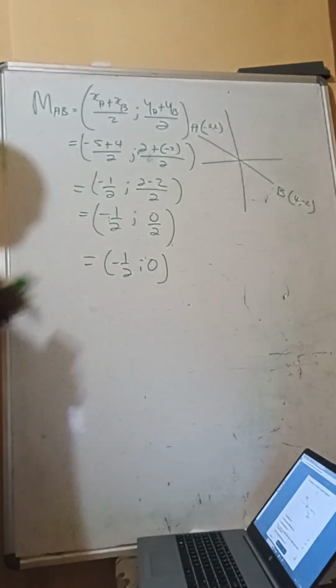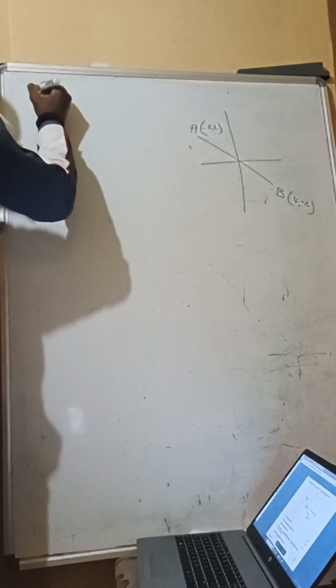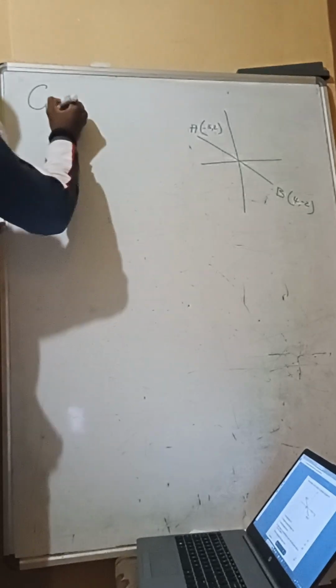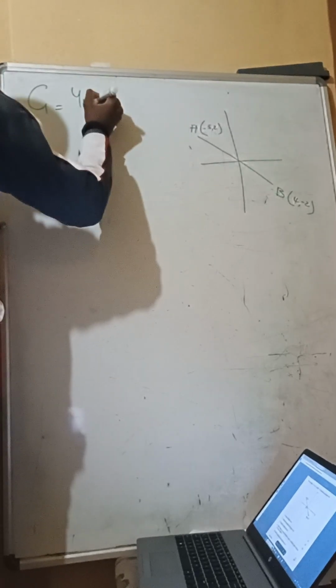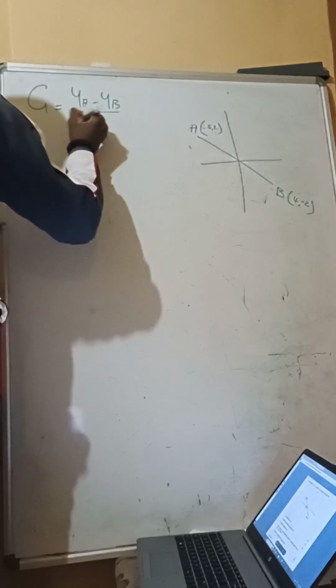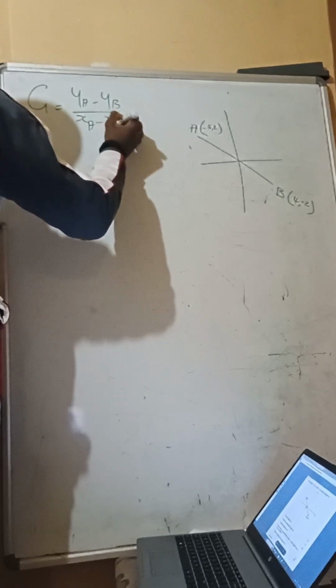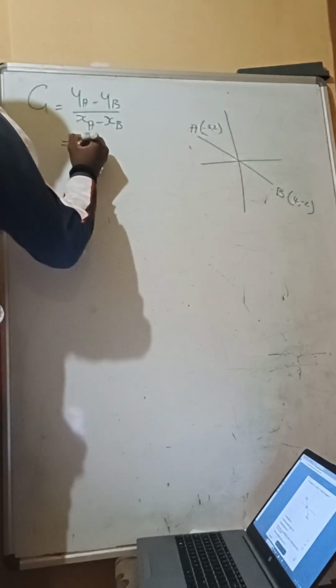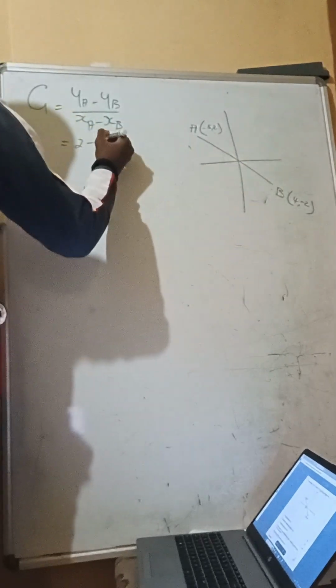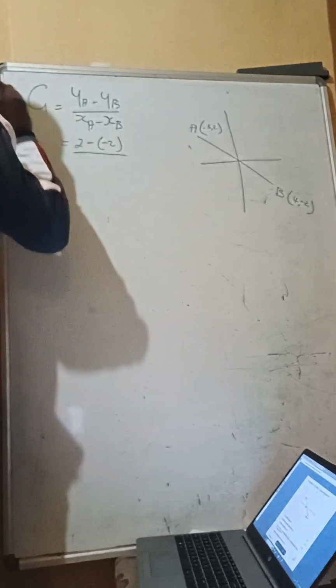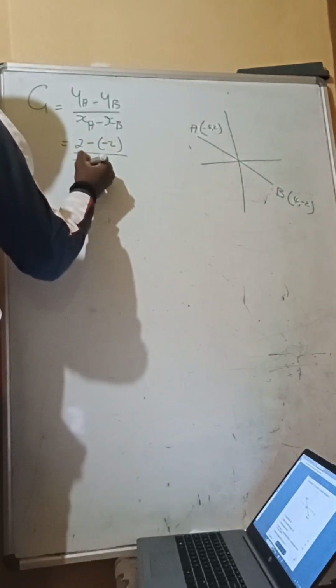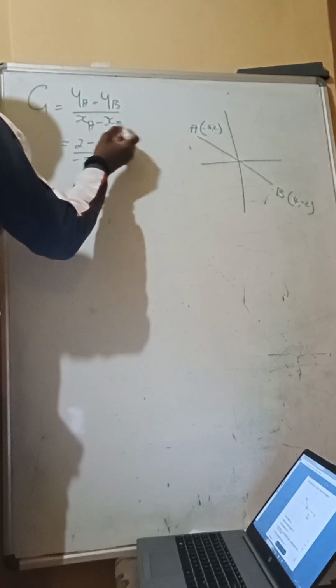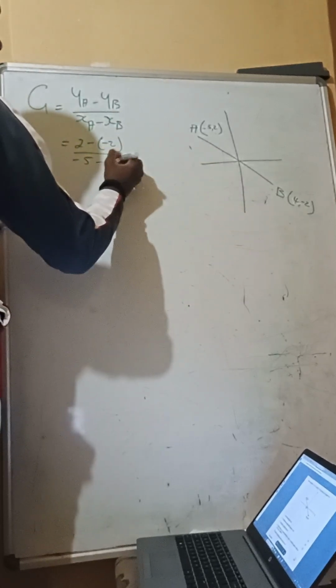So for the gradient of AB, let me just wipe here again. The gradient of AB, remember, gradient of AB, y of A minus y of B all over x of A minus x of B. Now y of A, it is 2 minus y of B, it is minus 2 all over x of A, it is minus 5 minus x of B, it is 4.